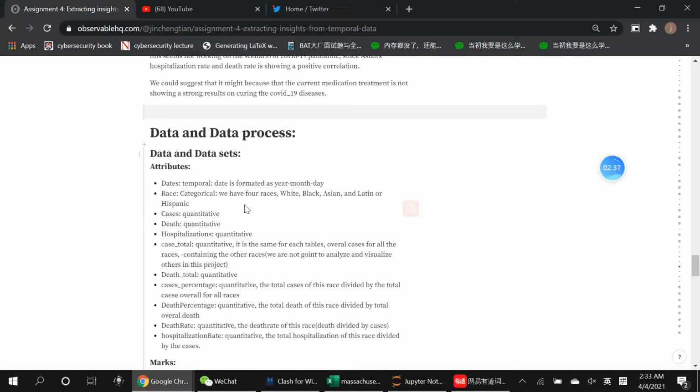The death percentage is calculated the same way as the case percentage.